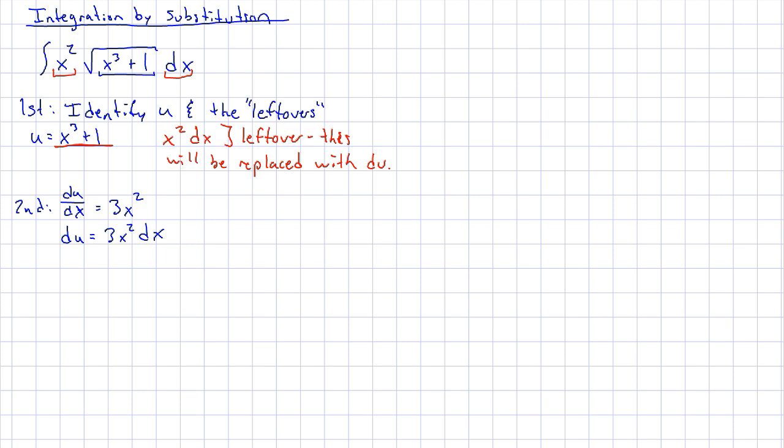So I'm really close. I want to get rid of every single x in my original integrand and have only u's in my new integral. But I have one problem, and that problem is this 3. I need to exactly replace what's in the integrand. I have an x squared dx left over, but in my du, I've got a 3 times x squared.